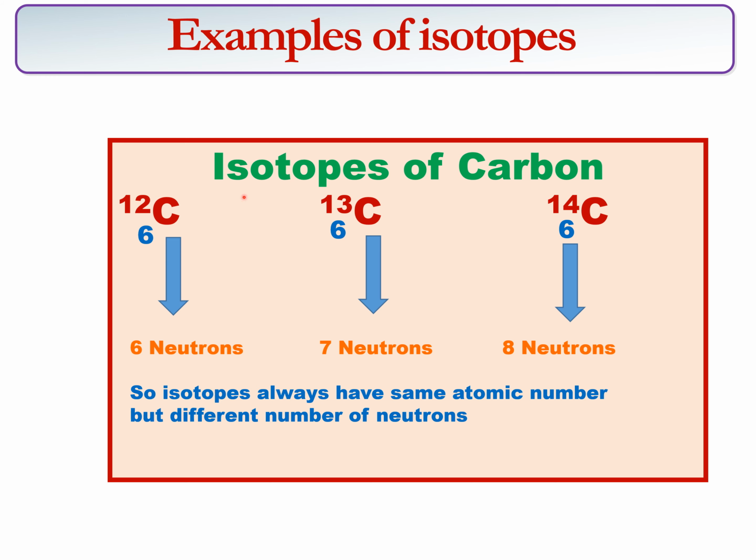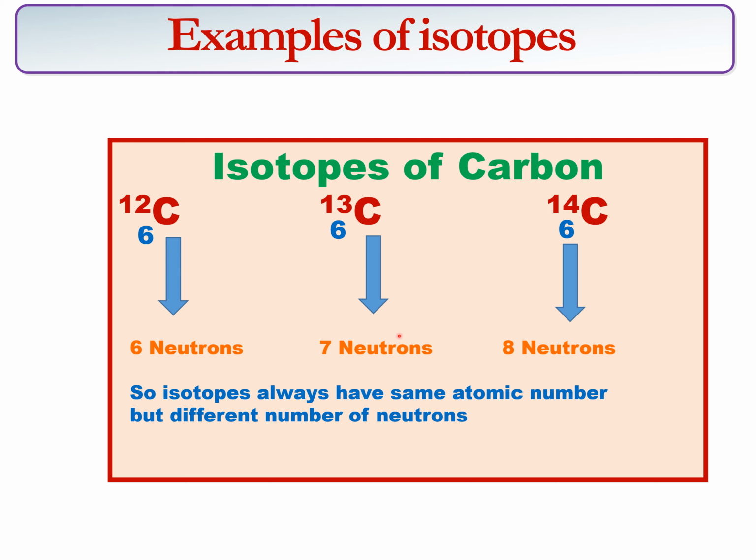If you look at carbon-12, the number of neutrons will simply be 12 minus 6, which is 6 neutrons. It also has 6 protons and 6 electrons. Remember, the number of protons must be equal to the number of electrons.